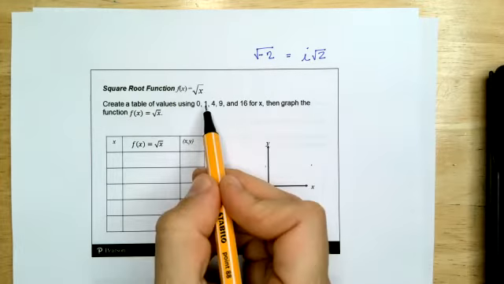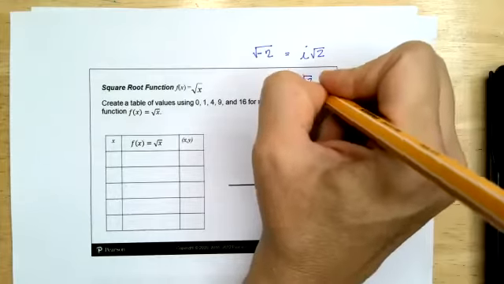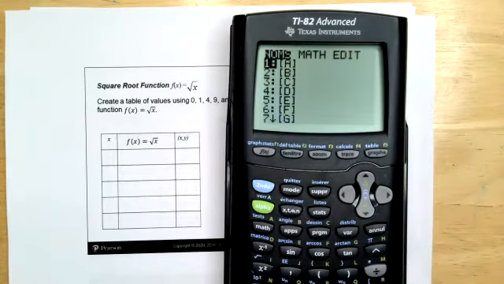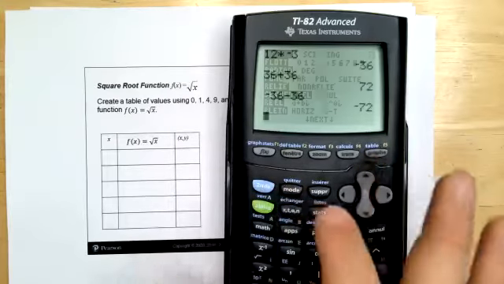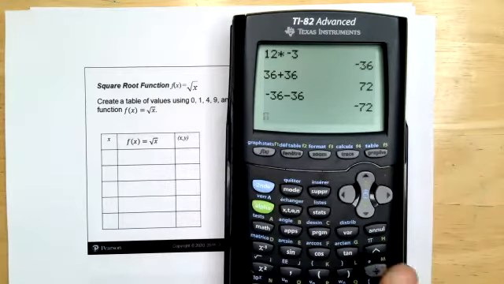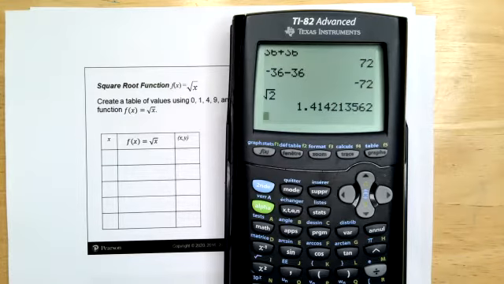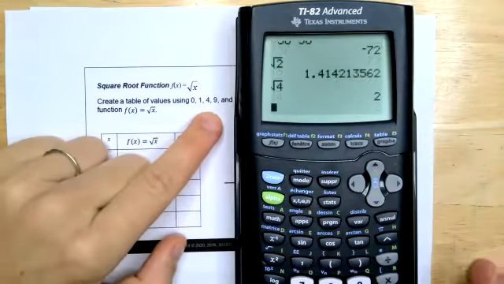And we're not going to use 2 because the square root of 2, if I put that into my calculator, I get a decimal. However, if I were to put the square root of 4 into my calculator, I get a nice whole number.